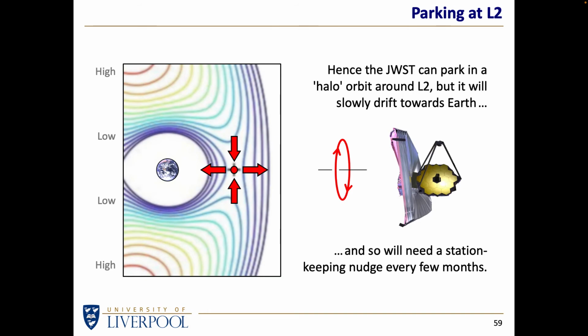But if they pushed it too far, they would have no choice but to either continue letting it drift or to turn it upside down to fire it back towards Earth. But that would expose all of the sensitive instruments to sunlight, which means the very nice cold spectrometers that they now have would all warm up again. So that's why they were very, very careful about sending the James Webb to the L2 point with the intention of just arriving ever so slightly short of L2, and then they will continue with these maneuvers every few months.